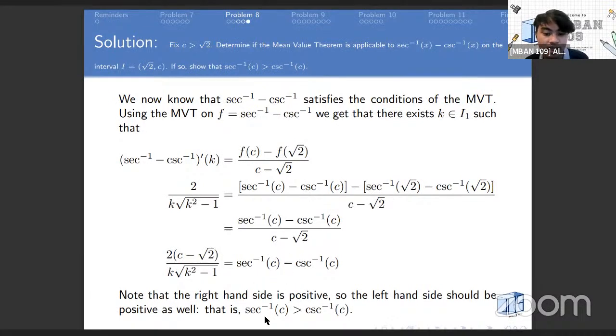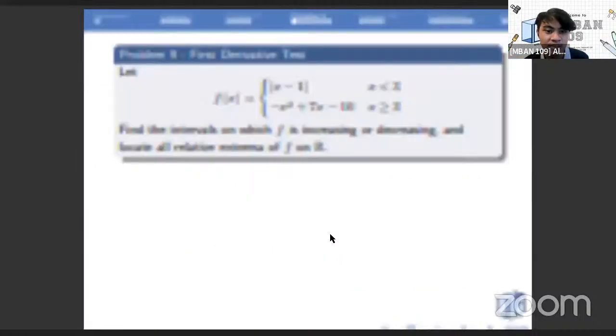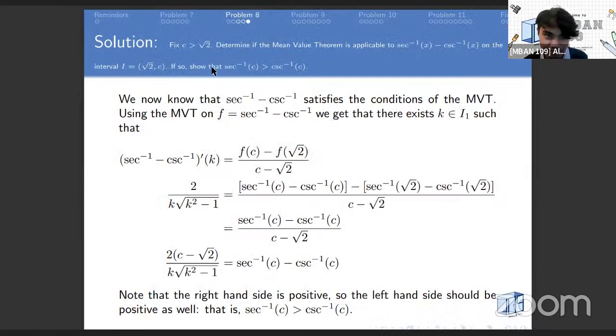That is, arc secant c is greater than arc cosecant c. Ayun. So yun, na-show na natin na yung arc secant c is laging greater than arc cosecant of c. So yun, nagamit natin yung application ng mean value theorem para mapakita siya.